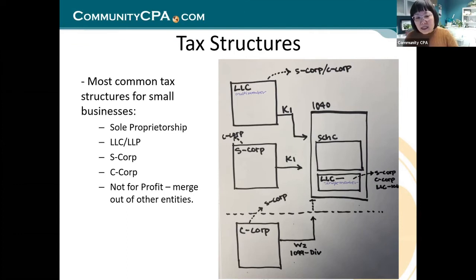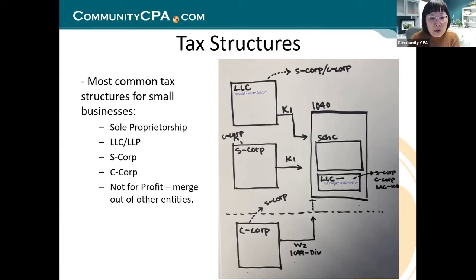Now, I want you to understand these structures, how they play out. You notice that the C Corp was kind of under the waterline, right? And so I have this little dotted line connected to C Corp from your 1040. And I wrote down W-2 and the 1099 dividend. What I meant by that is the only connections between you and the C Corp are two: W-2 and 1099 dividend. W-2 means the C Corp may be hiring you as an employee, and then you get a W-2.